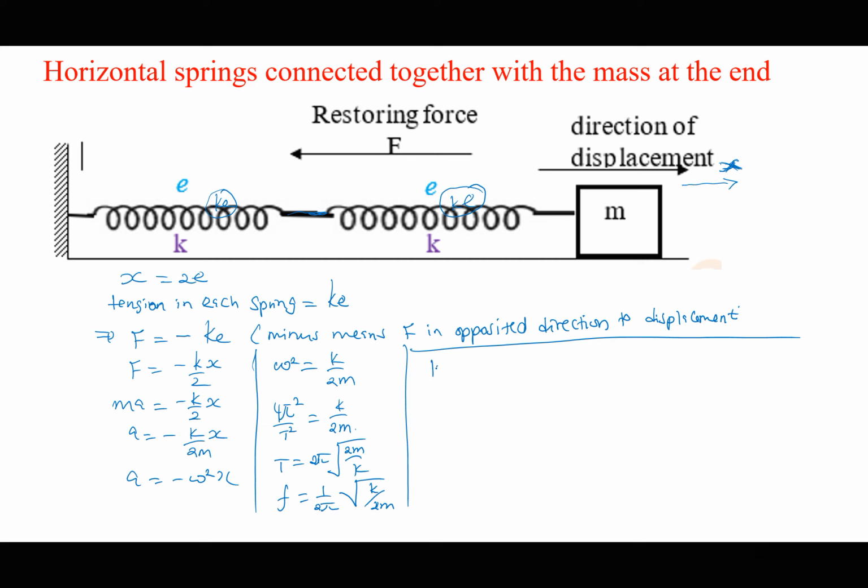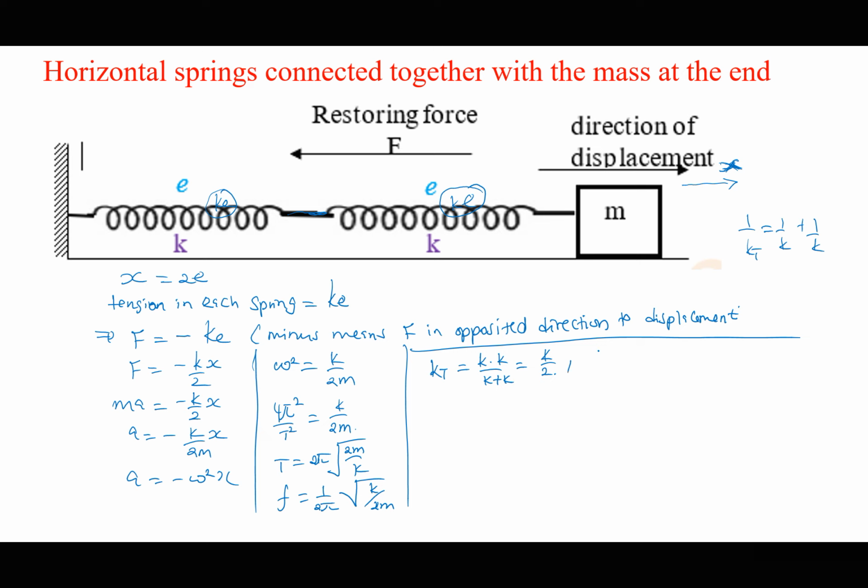So the total constant, K total, is equal to the product, K times K over K plus K. We get it from 1 over total constant equals 1 over K plus 1 over K, which is the same as 2 over K, or K squared over 2K, which is simply K divided by 2. That is the total constant.